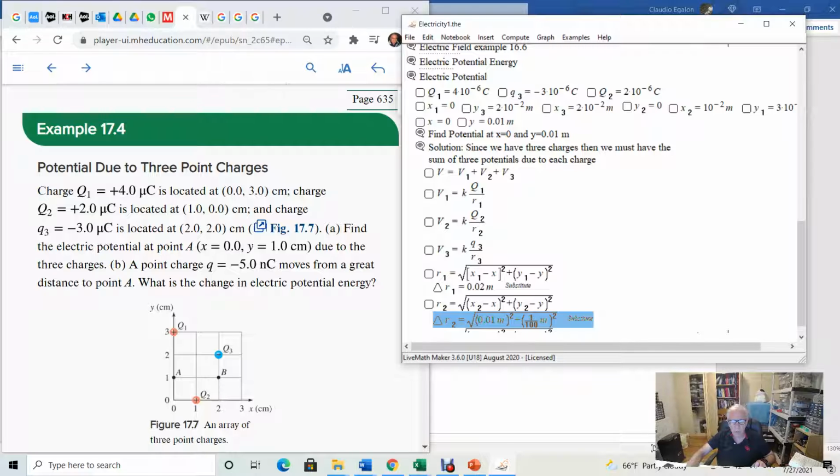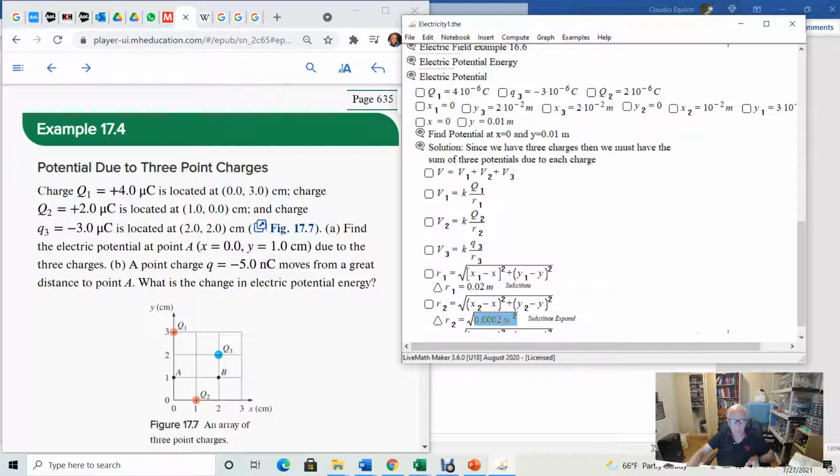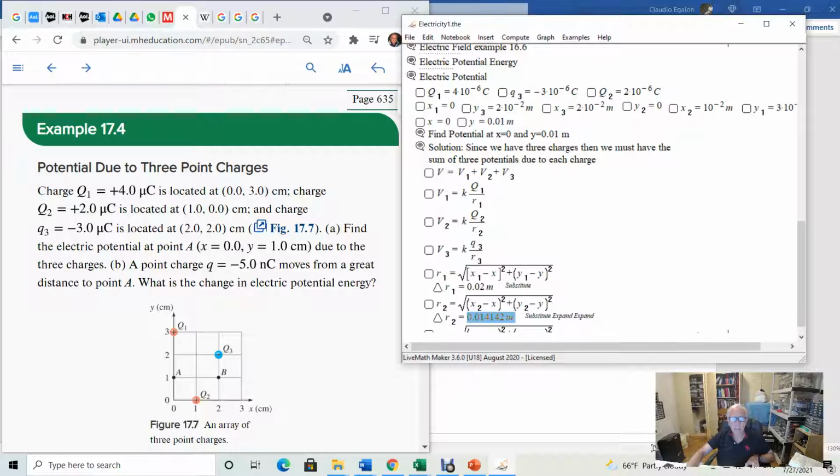We got to calculate everything, expand, and then expand again. Yeah, 0.014. Would be like 0.14 centimeters, just like I said before, square root of 2.